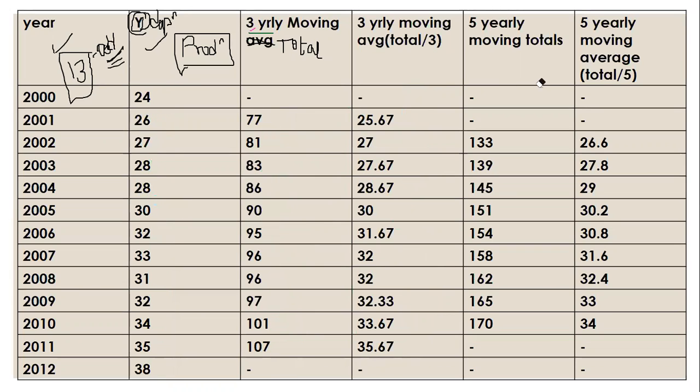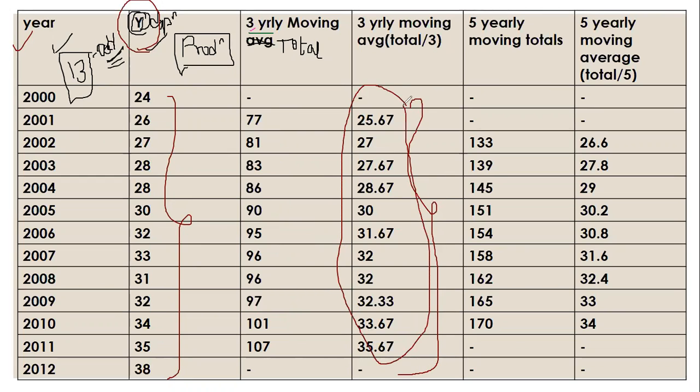Okay, in the graph we will be considering this data. Number of years will be considered, and what we plot on the graph is this data of y and the 3-yearly moving average. This is called 3-yearly moving total.